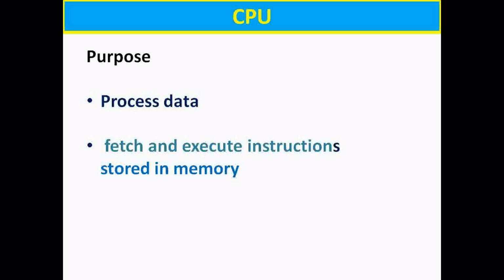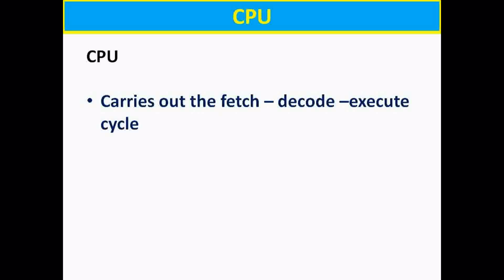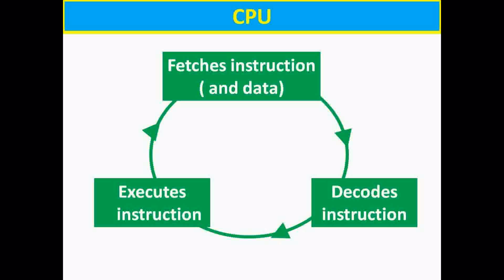The CPU carries out the fetch, decode, execute cycle, where it fetches instructions and data, which are written in binary code, from the memory, be it the RAM or the cache memory. It decodes those instructions, then it executes them, and then it does that cycle again and again.